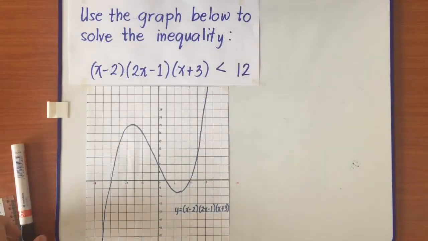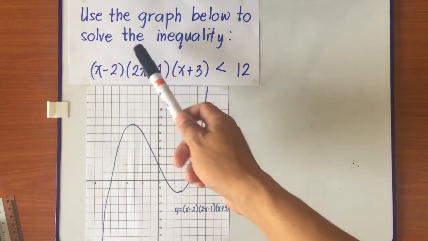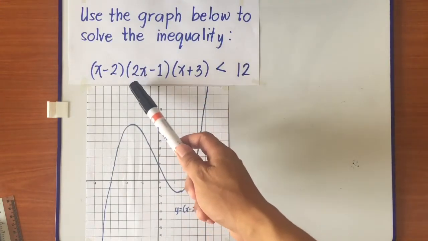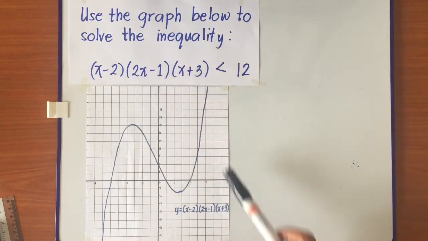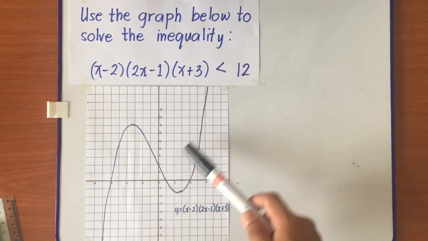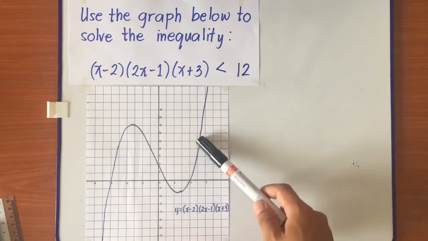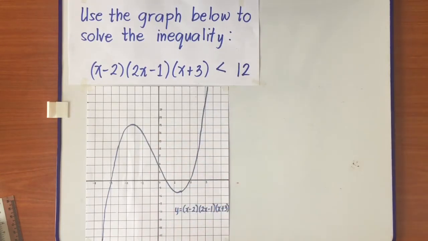Now I'm going to deal with another one. Use the graph below to solve the inequality (x minus 2)(2x minus 1)(x plus 3) is less than 12. So this is the graph of y is equal to (x minus 2)(2x minus 1)(x plus 3).